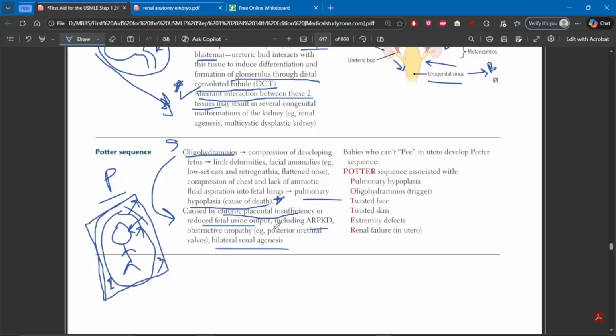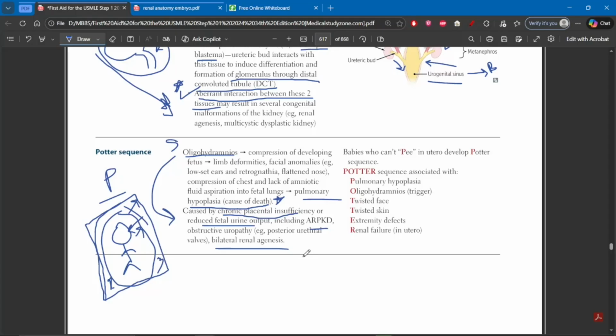Let me give you an example. If you're drinking less water, you're going to form less urine. You're going to pee less urine, right? So if the baby is not getting proper nourishment from the placenta, he would not be producing adequate urine, and that would lead to oligohydramnios.